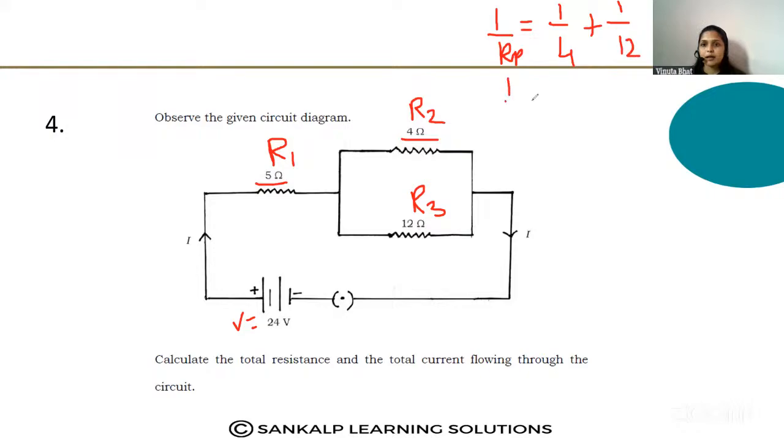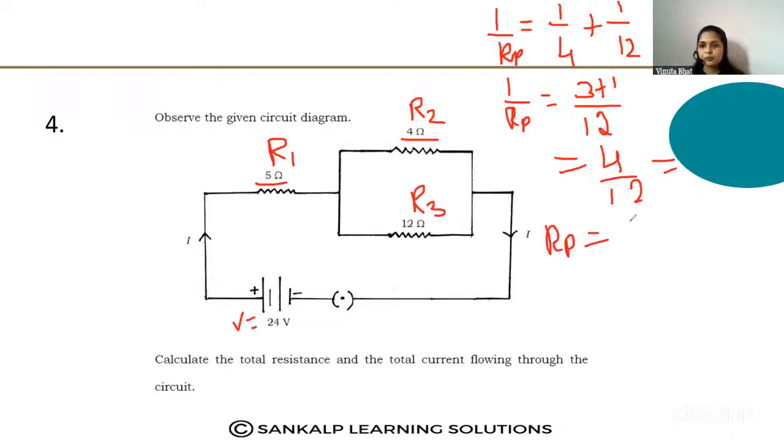Then 1 by Rp is equal to (3 plus 1) by 12, that is 4 by 12, so Rp is equal to 3 ohm. What is the value of Rp? That is 3 ohm.